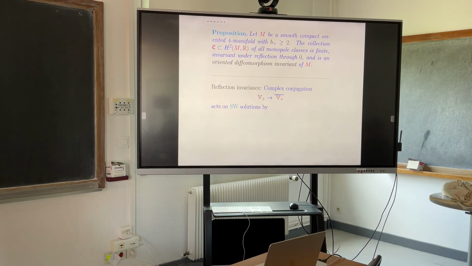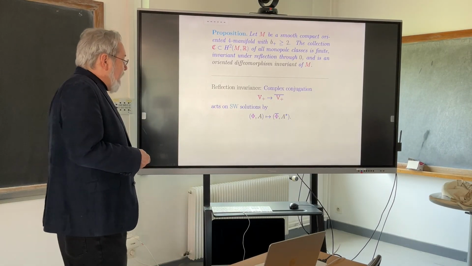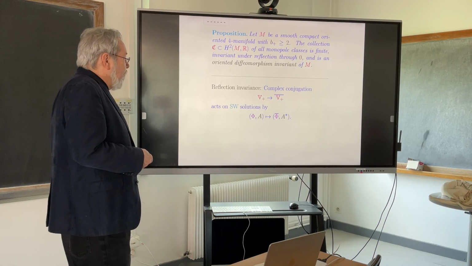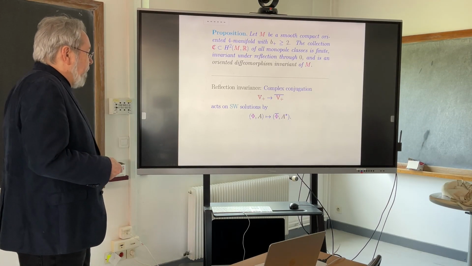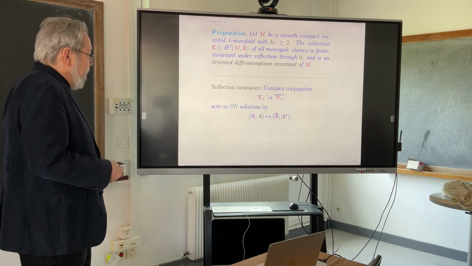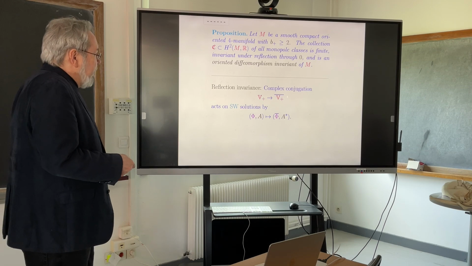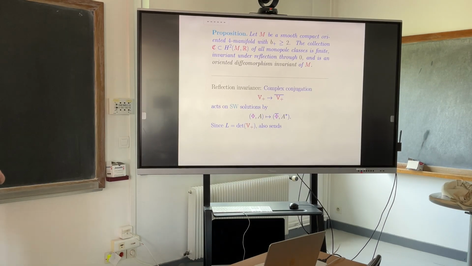Okay, so in fact, when you do this, there's a natural map from solutions of the Seiberg-Witten equation with respect to one spin C structure, and then you can just take the complex conjugate of the twisted spinor, and here A will correspond to a certain connection on the determinant line bundle. This determinant line bundle will be the dual, but it has a dual connection.